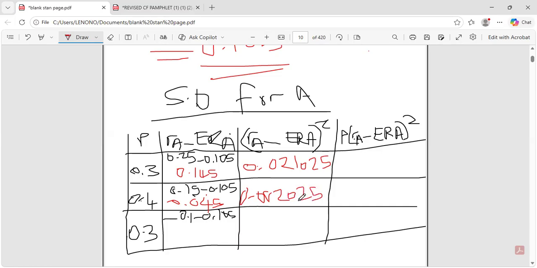Negative 0.1 minus 0.105 is negative 0.205. Square it, and we get 0.042025.